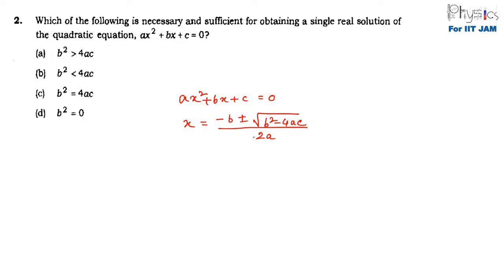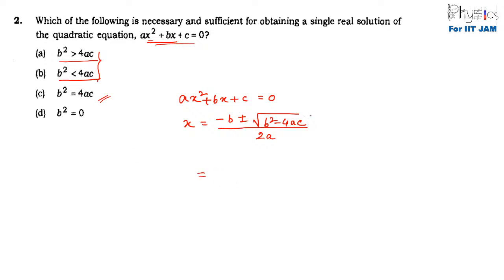So first of all, see here that b square greater than 4ac or b square less than 4ac, these two options will not give us any real solution, right? From these two options, we cannot solve this equation, that is, we cannot get the value of x, okay?